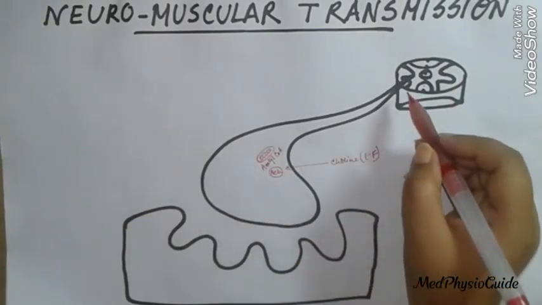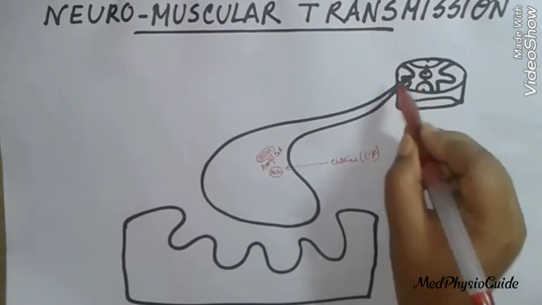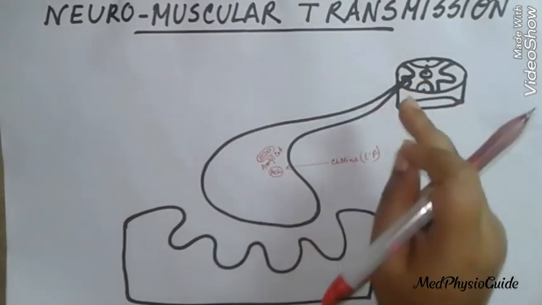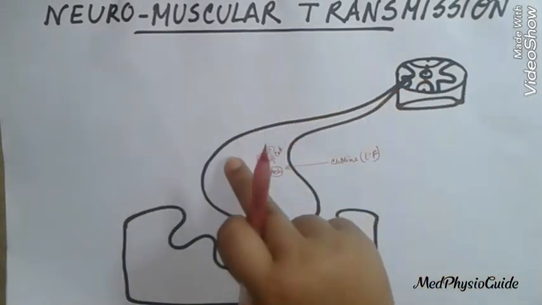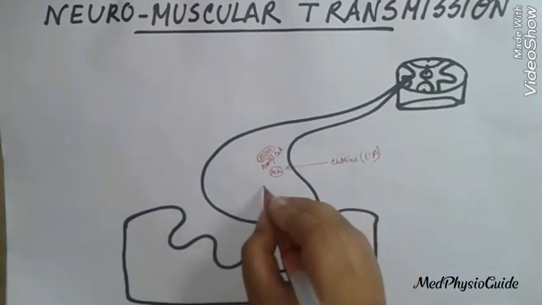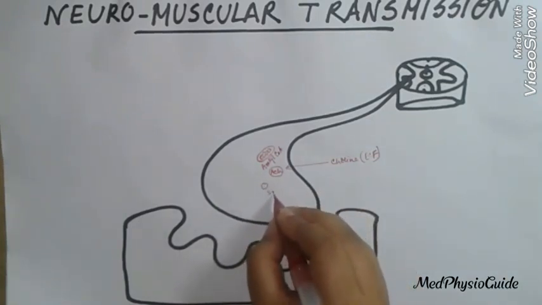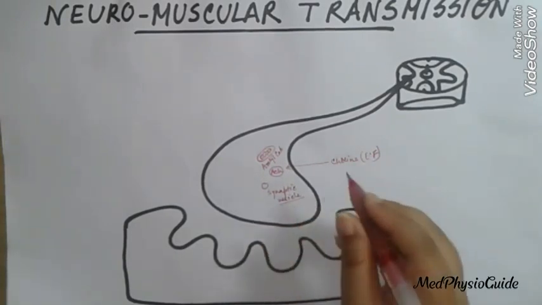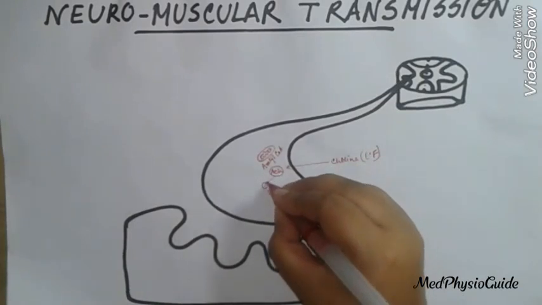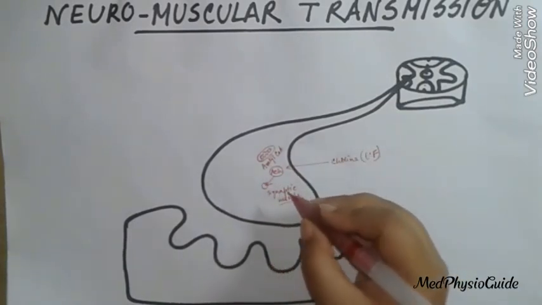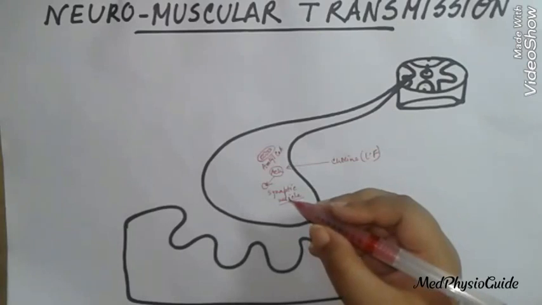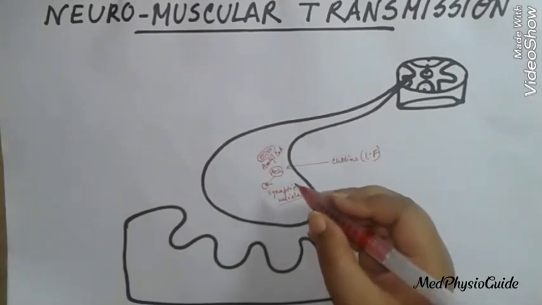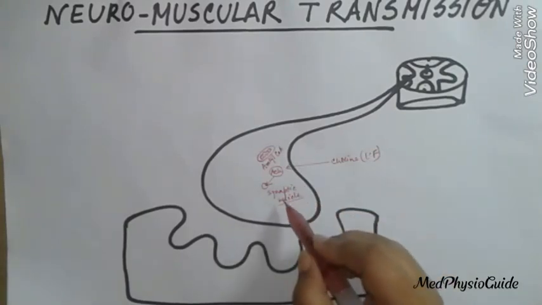Okay, so now there are a few vesicles called the synaptic vesicles, which come right through from the cell body of the motor neuron and settle down in the nerve ending of the motor neuron. The ACh is loaded inside the synaptic vesicles and they are filled with the acetylcholine.